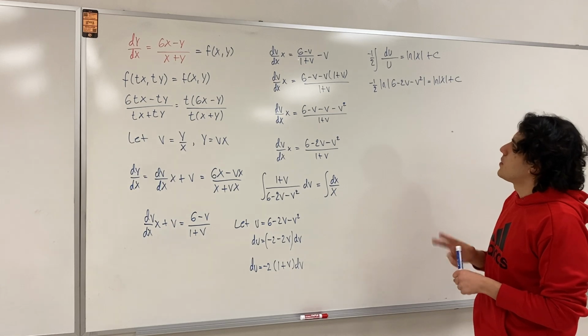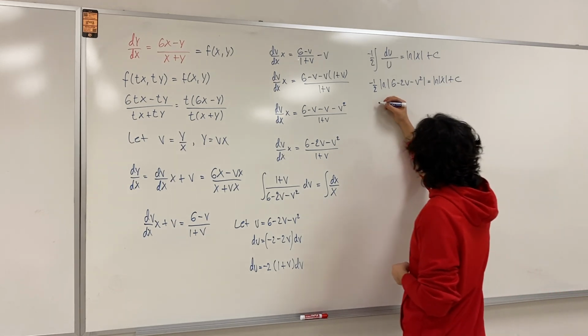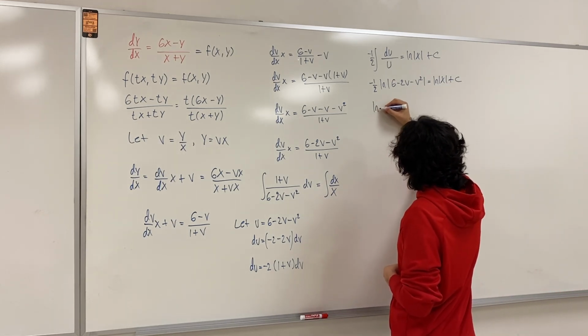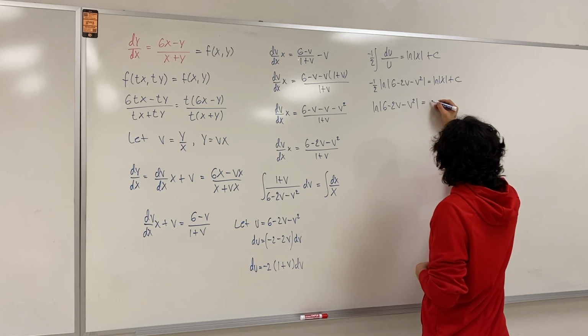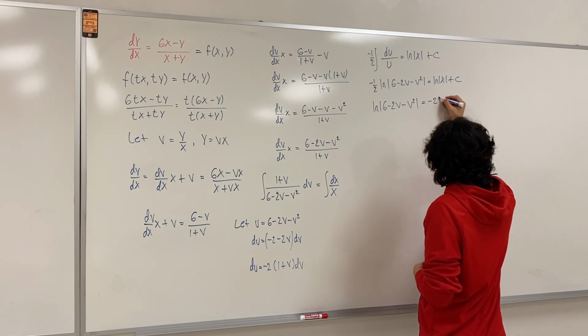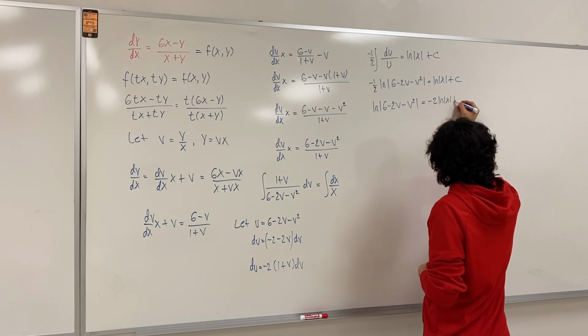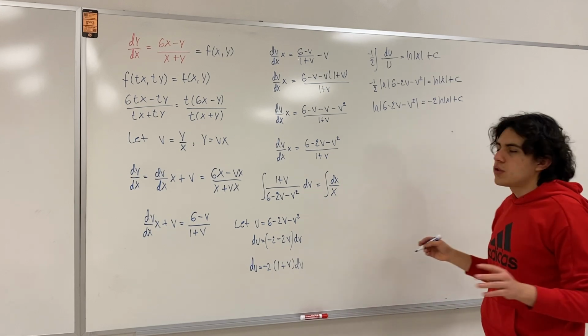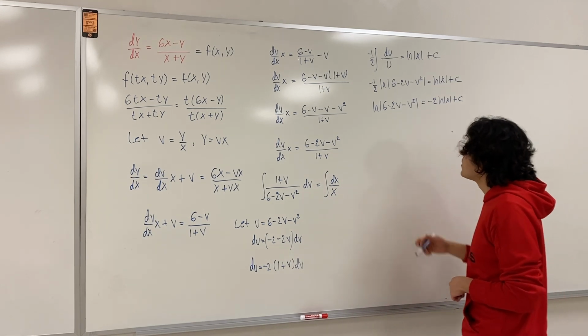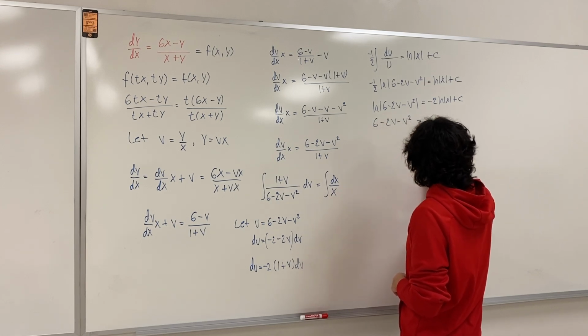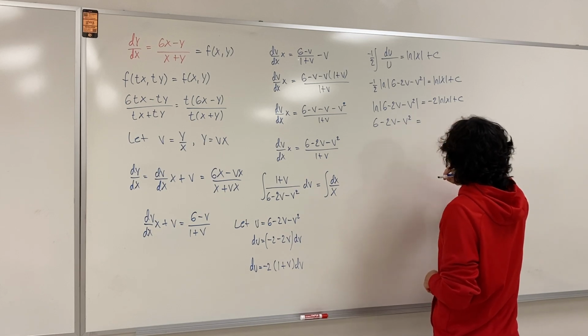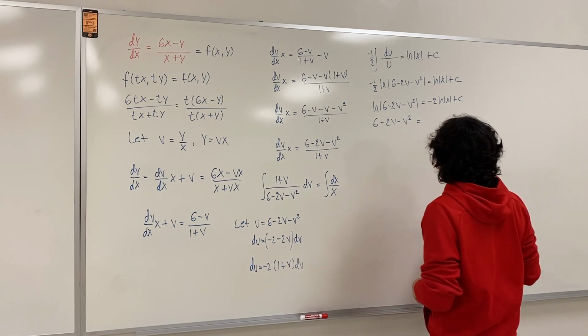First of all, I'm going to multiply both sides of the equation by -2, and we are going to have ln of 6 minus 2v minus v squared is equal to -2 ln of x plus c, okay? Now we're going to exponentiate both sides of the equation, and if we do that, we will get 6 minus 2v minus v squared is equal to, we're going to have a constant, so let me do this like this.